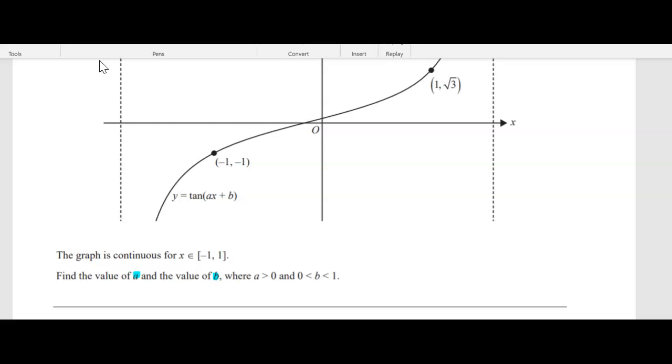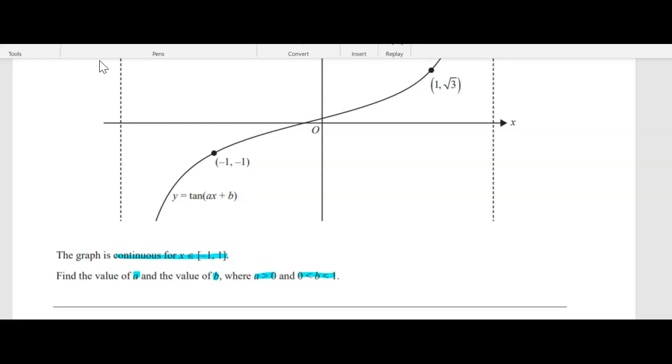So this just means it's continuous for x between -1 and 1, which means there are no breakages in this tan function. And a is greater than 0, so we haven't had any reflections.